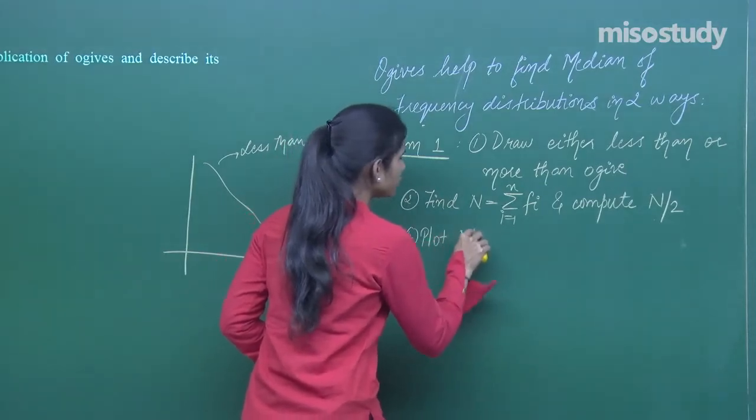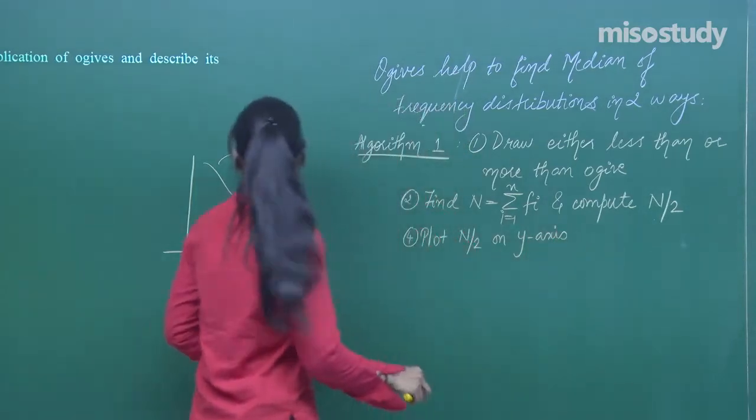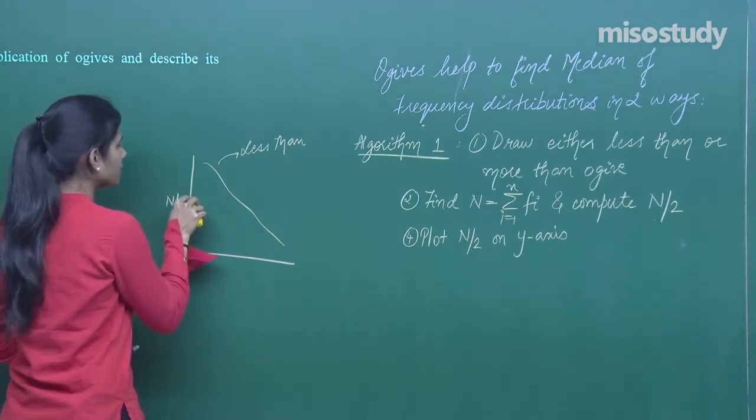Plot N by 2 on the y-axis. So on the y-axis, suppose this point is N by 2. Mark that point.